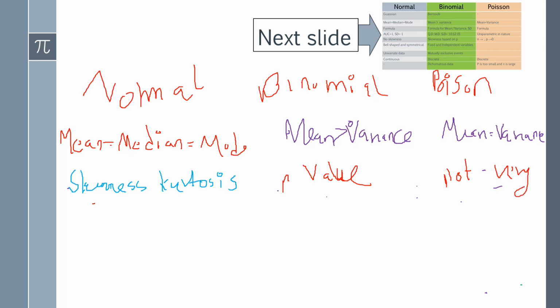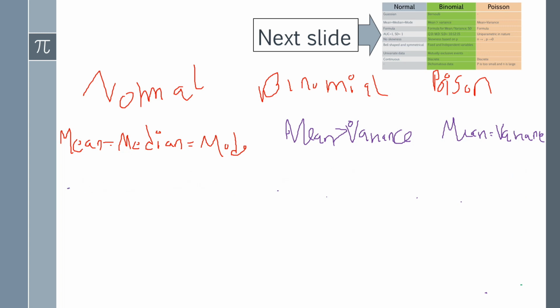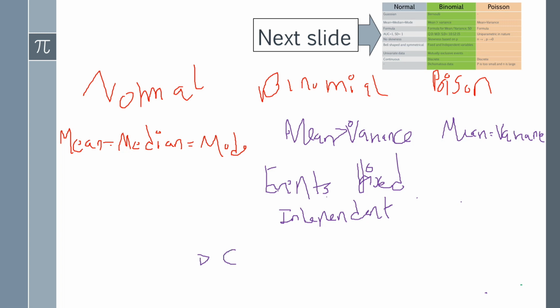And one important thing, in binomial distribution, the name itself says binomial, means one of the two. So the events are fixed, and there are independent variables. Now, how do we understand this? Suppose you have a coin and that coin is tossed. So either there can be heads or there can be tails.